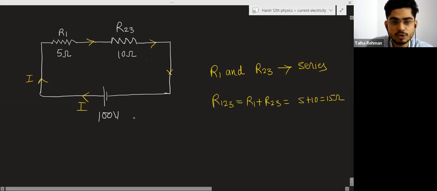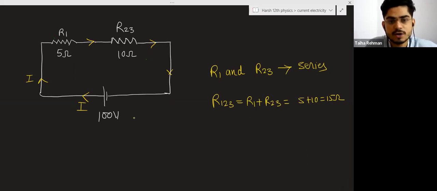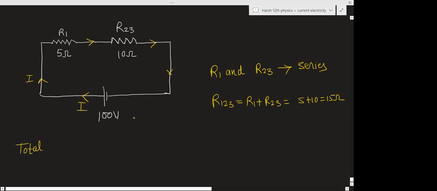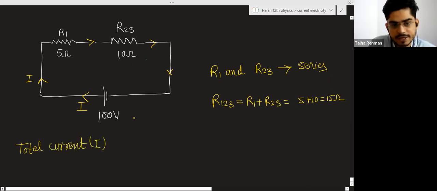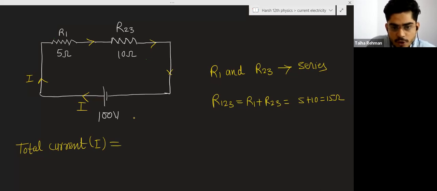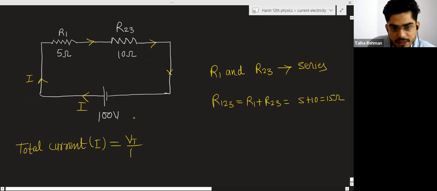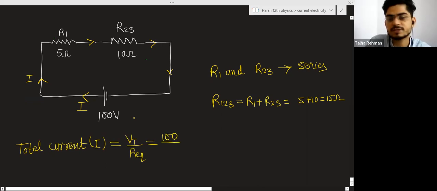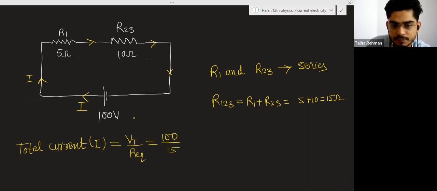If now I want to calculate this current, this is the total current I. So I is equal to total voltage divided by the equivalent resistance. Total voltage is 100 and equivalent resistance is 15.